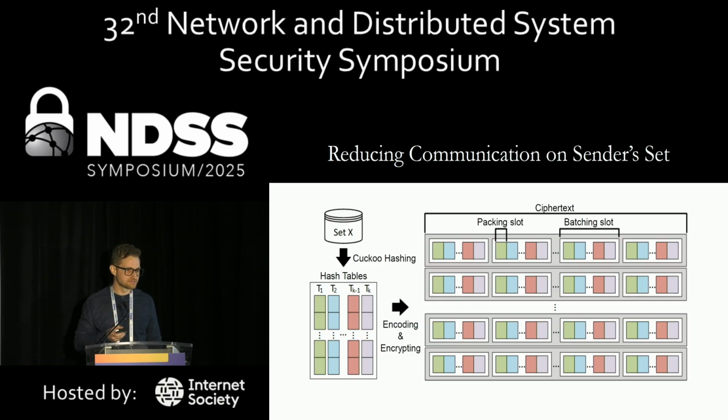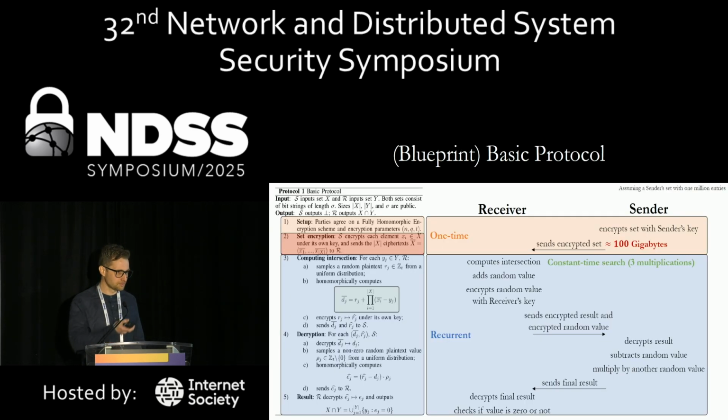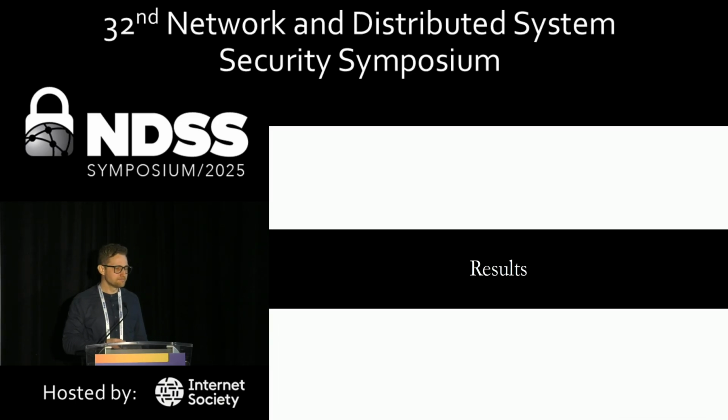And then we have ciphertexts, which are the gray boxes, and each ciphertext has several batching slots. So if we put that into this protocol, we reduce the communication down to 12.5 megabytes. Now, there are many more optimizations we add to this protocol, but I would say that these two are the most impactful ones.